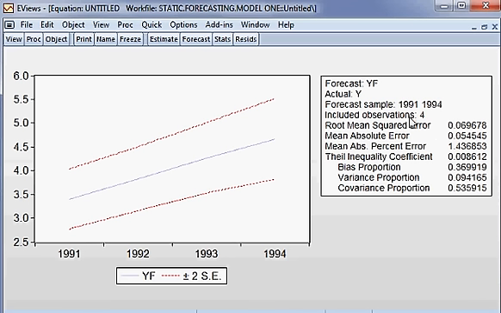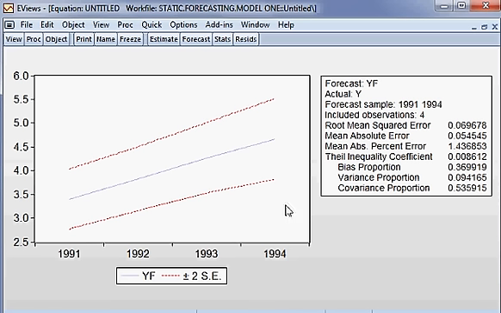And you can see this one, that means the dependent variable Y has been forecasted, and it is this blue line.